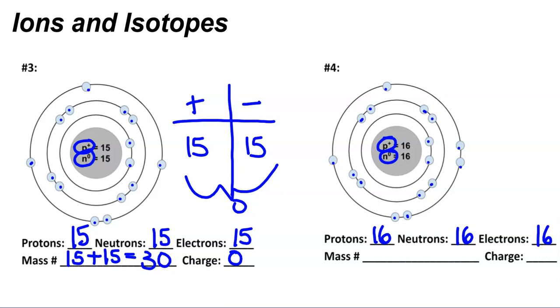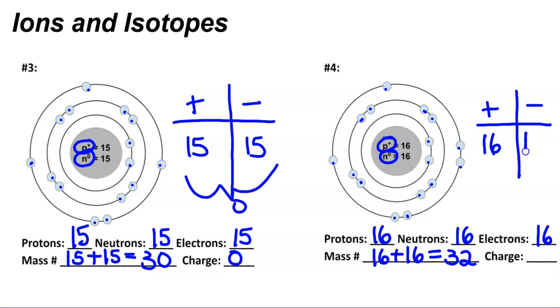Our mass number, we add protons plus neutrons, so 16 plus 16 is going to give us a mass number of 32. And then our charge, we need to look at the balance of protons with electrons. This time we have 16 protons, but we also have 16 electrons, so we still have a net charge of 0.